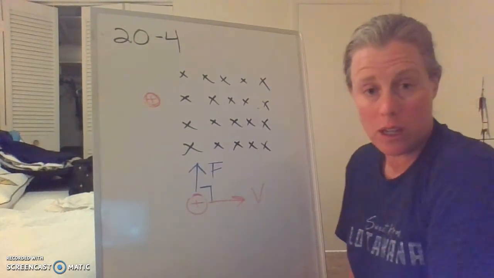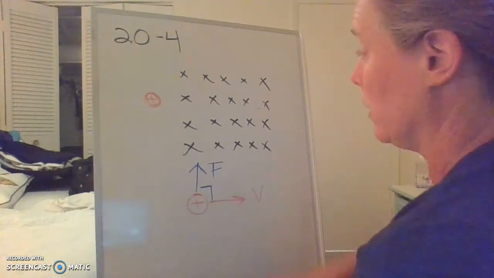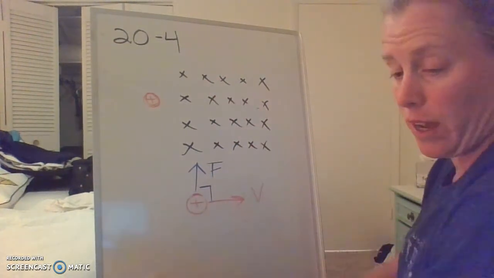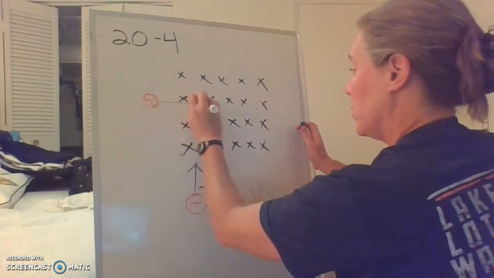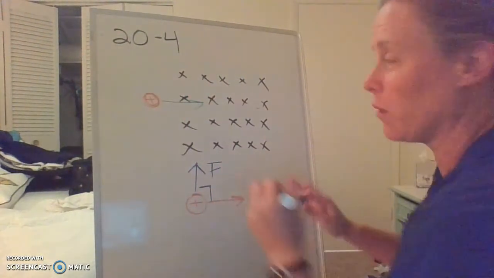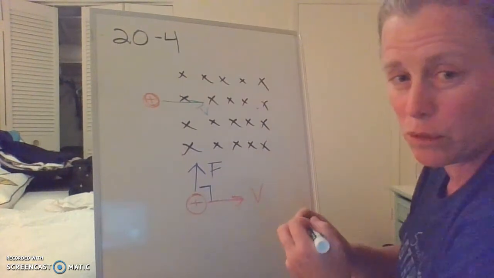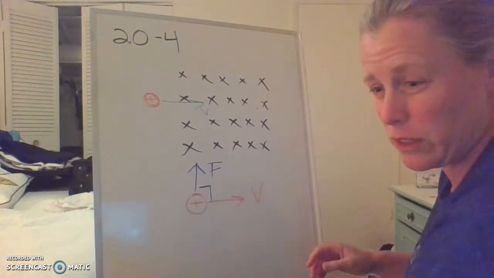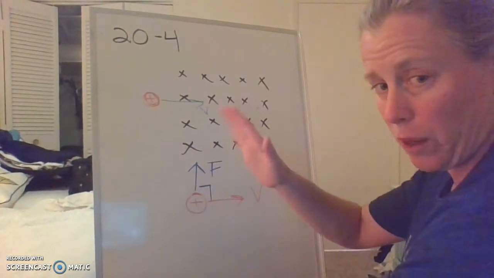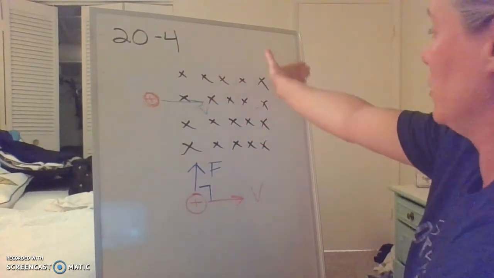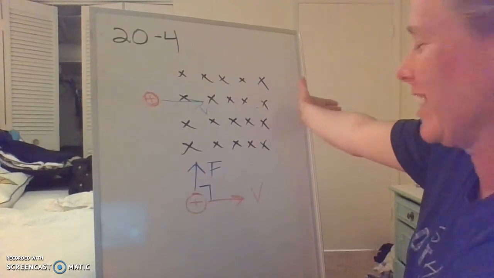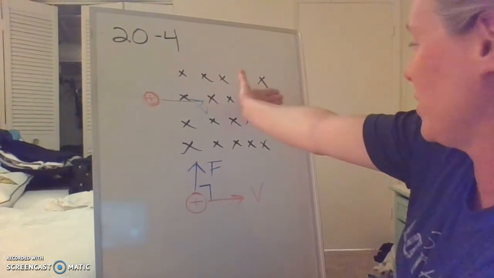First, conceptually, I've got a field that's going in. And if I have a charge that's entering the field, which way is it going to move? Which way is it going to be directed when it's in the field? So I take my right-hand rule. If the field is into the page, my direction is to my right.